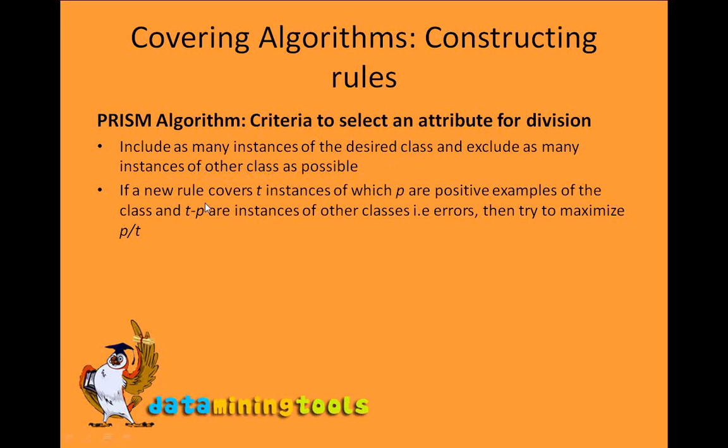If a new rule covers t instances of which p are positive examples of the class and t minus p are instances of the other class, that is error, then try to maximize p by t. So basically we try to maximize our positive upon number of total instances covered by the rule. This particular ratio, we try to maximize this ratio.